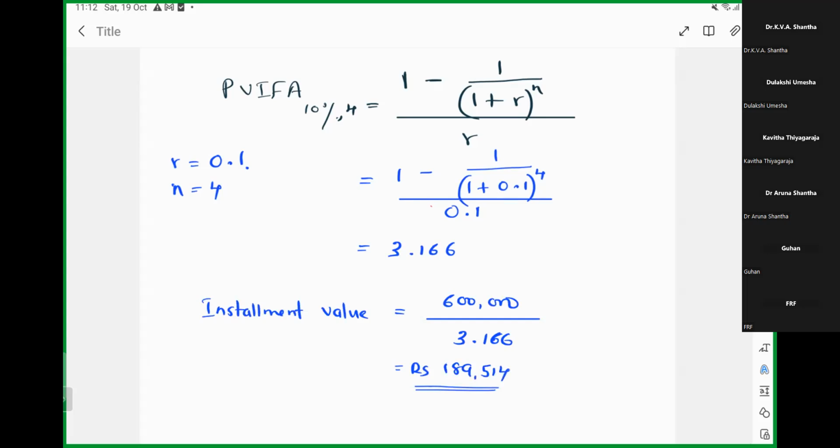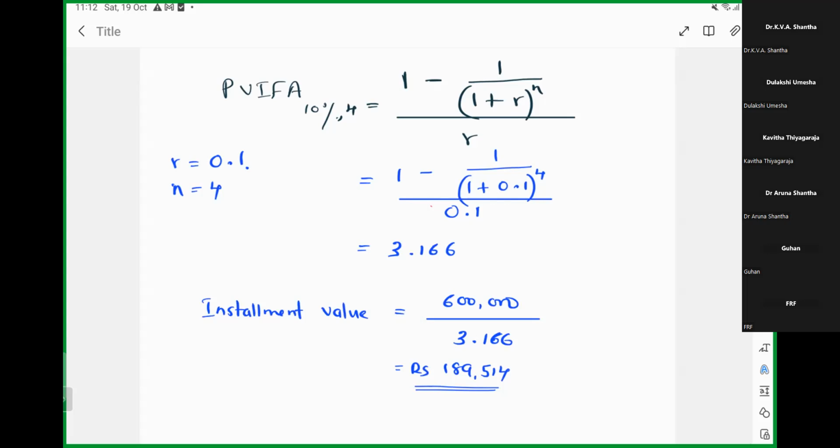Now see whether you have got this. 189,278.